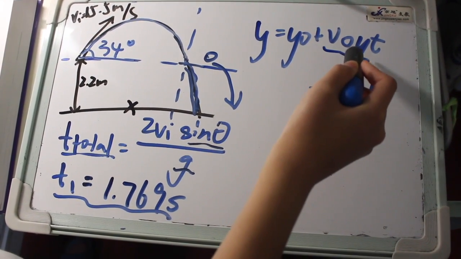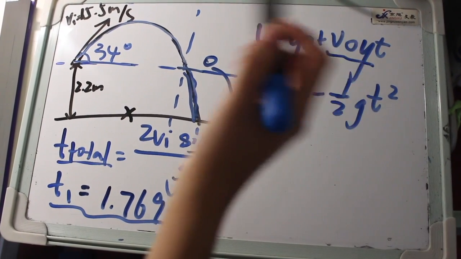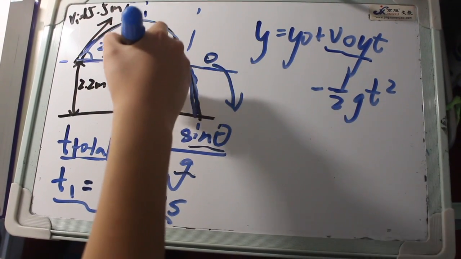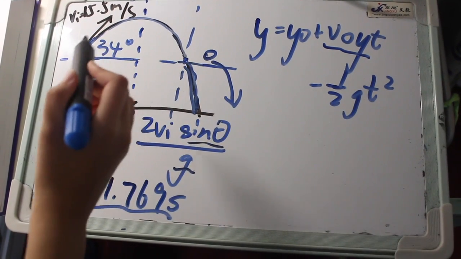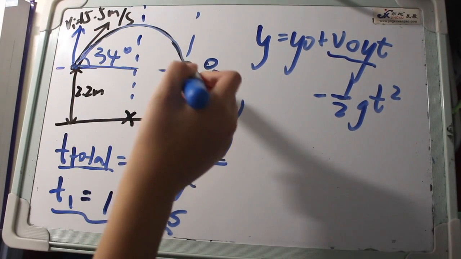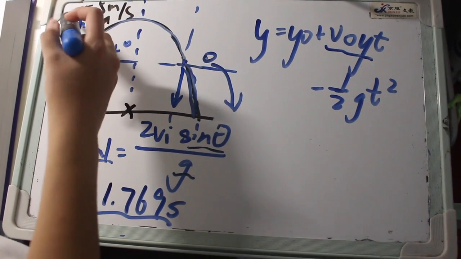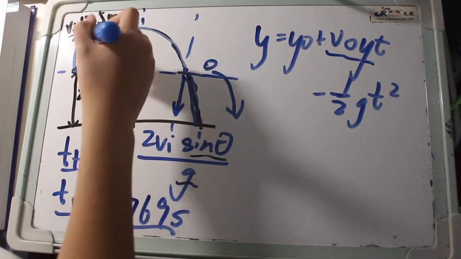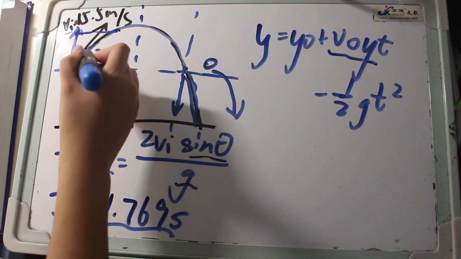His initial velocity, we don't know that, but we can get it because the parabola is a symmetrical figure. So the velocity at this point is totally the same as at this point. If we know the velocity of this, we know this. We have an angle, we have a velocity, then we can solve it. Here's a triangle.